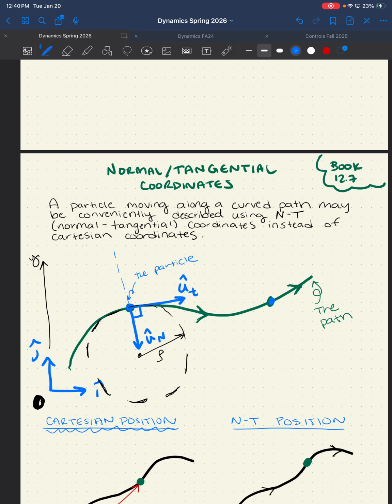Let's do that at another spot just to solidify these ideas. Let's go to this later point down the line on the path. My tangential direction, is it the exact same direction as it was before?